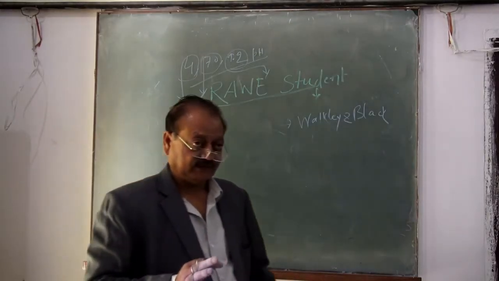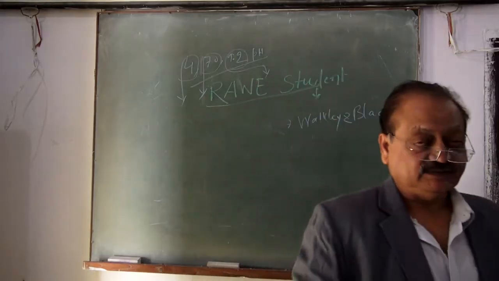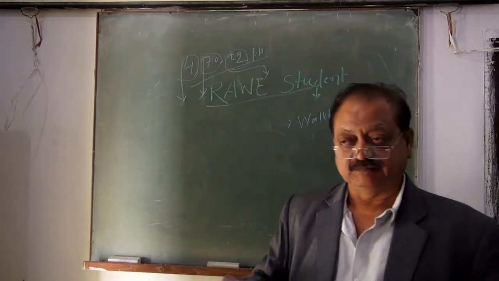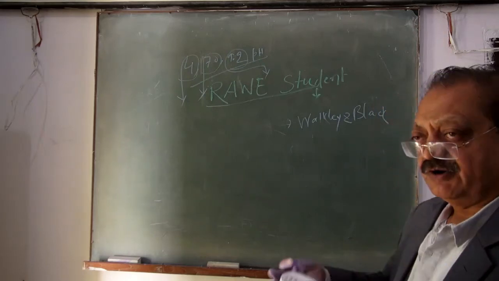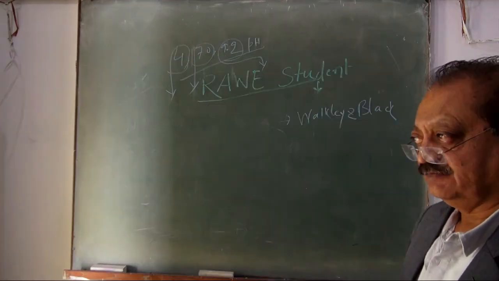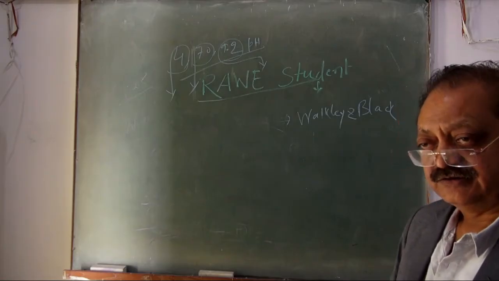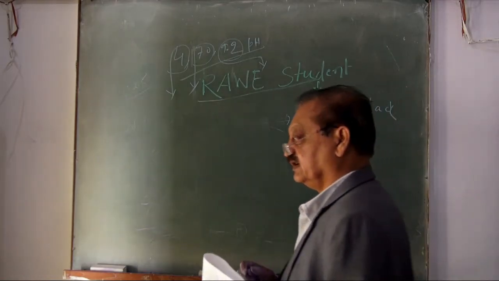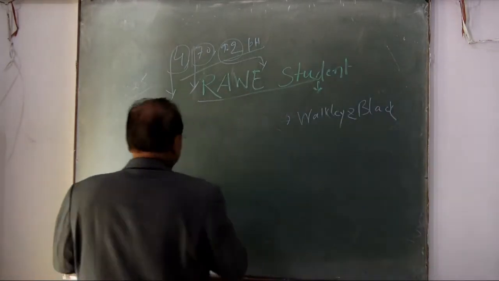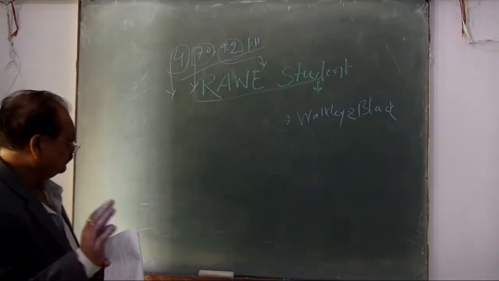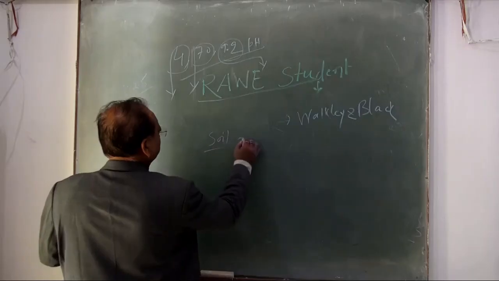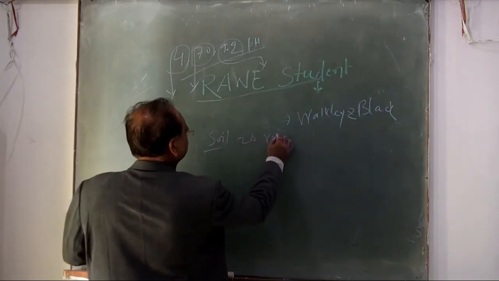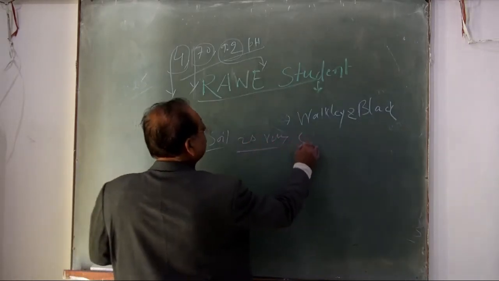If any soil has more organic matter, organic carbon and more nitrogen, it means your soil is very fertile. As you know, soil is very complex.